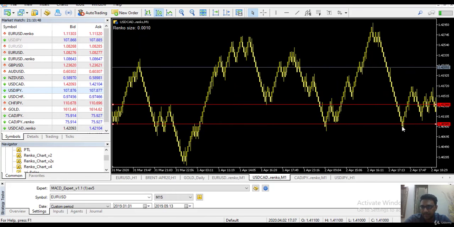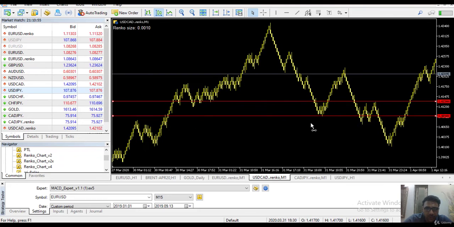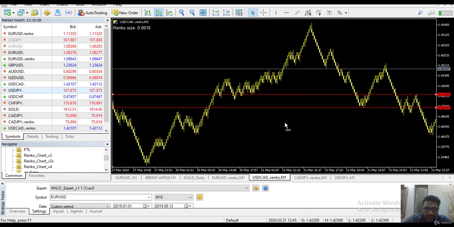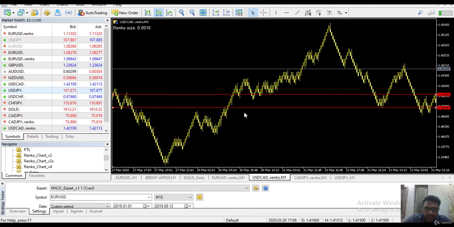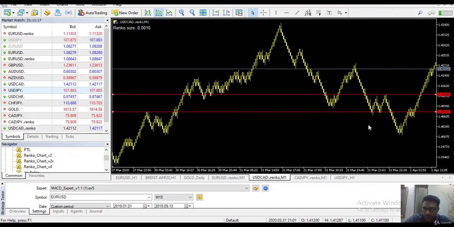Then again, you can see. Okay, let's move a little bit earlier. So this is another reaction. This area, you can see a great reaction over there, then a little bit more reaction, then it went up, and when it came down on this area, yes, we also talked about this area as well, it came back, it reacted again.